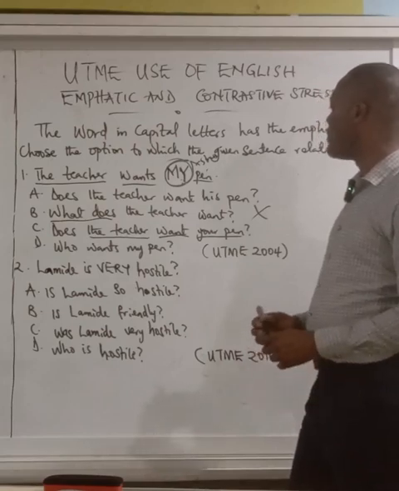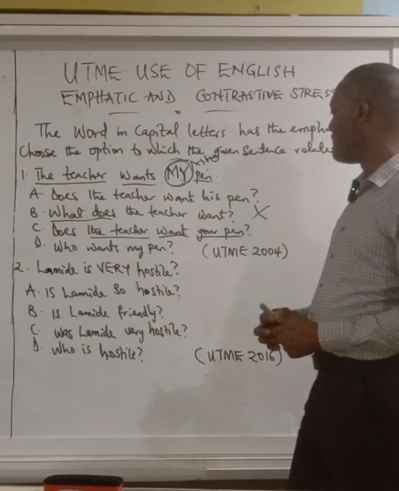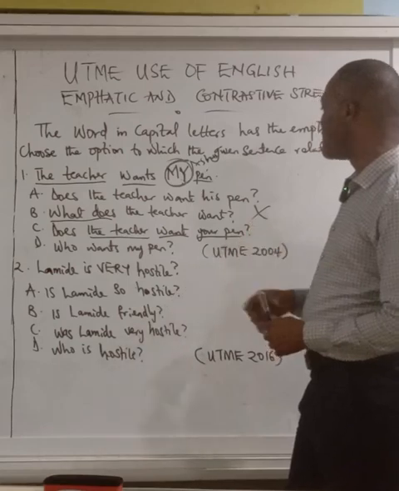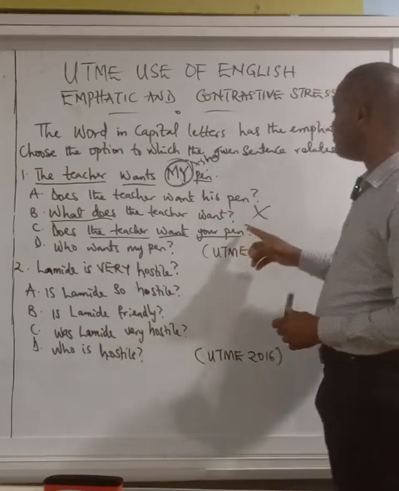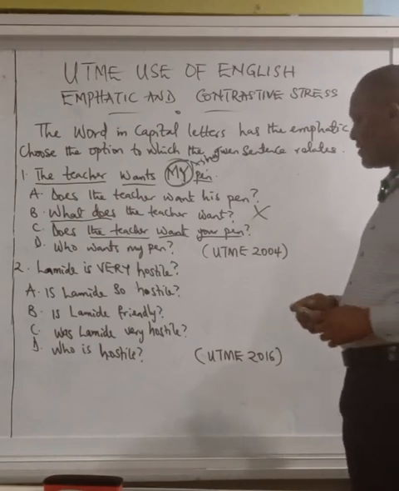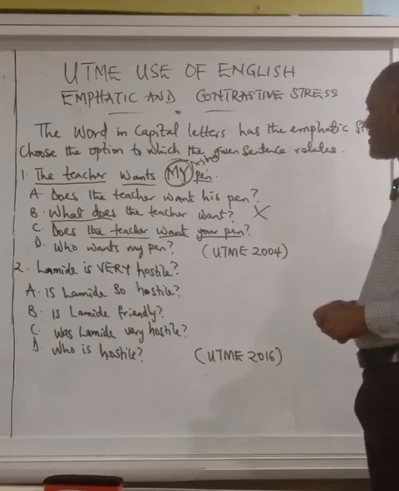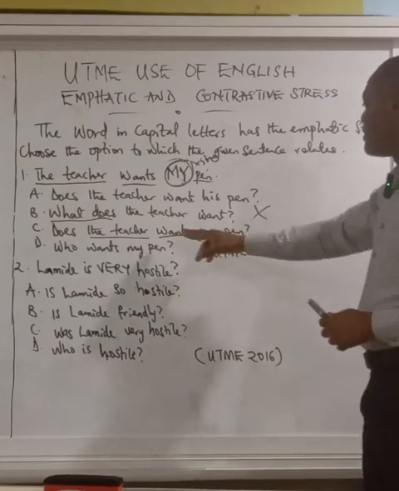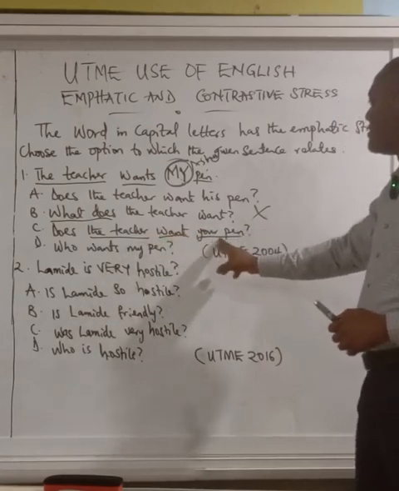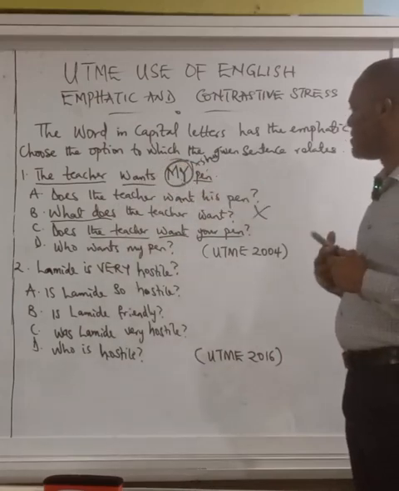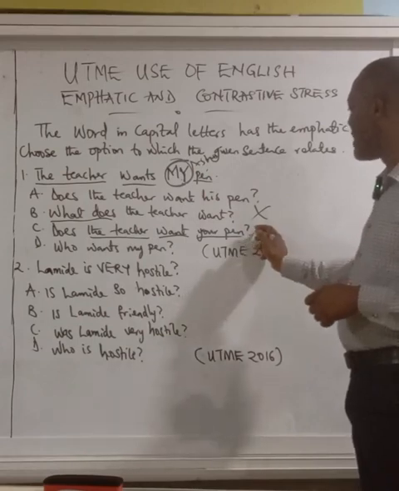So now you will discover that this is not going to be an answer. Why? I want somebody to guess why this is not going to be the answer. The teacher, does the teacher want your pen? Now, it's still referring to this: my pen, my pen. So, I'm not going to say this is my answer.